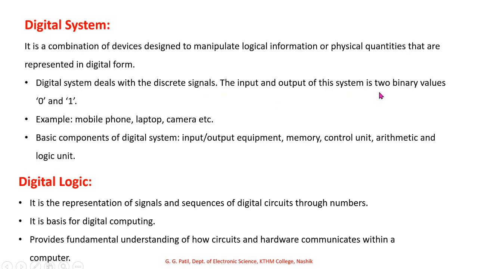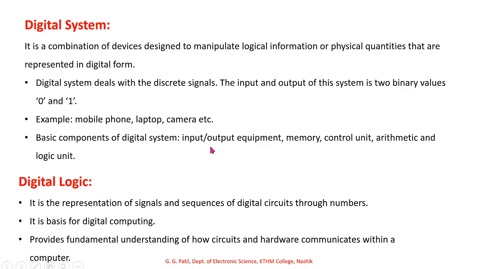The input and output of this system are two binary values, 0 and 1. The various types of digital systems we use in our day-to-day life, like mobile phones, laptops, cameras, washing machines, all these systems work on digital levels, so they are called digital systems.